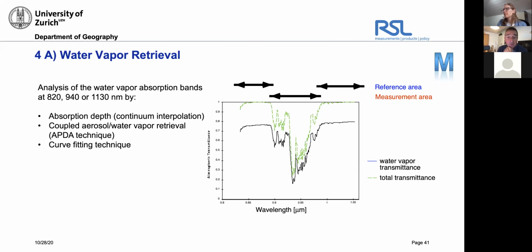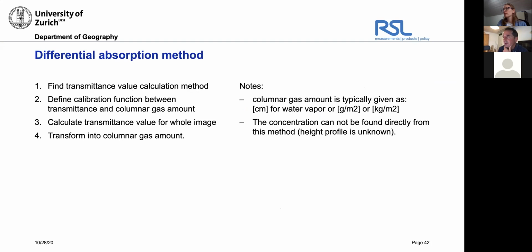That's possible, but it relies on calibrated data and good modeling of the radiation. We call this a differential absorption method. There are two definitions of differential absorption methods, by the way, but this one is in one band only. So you find the transmittance.